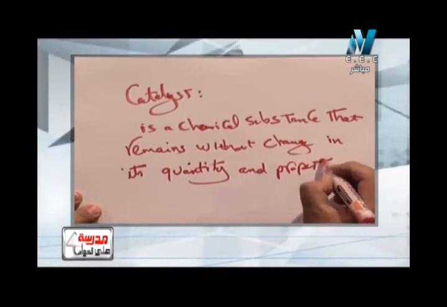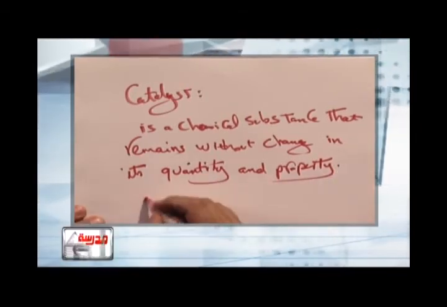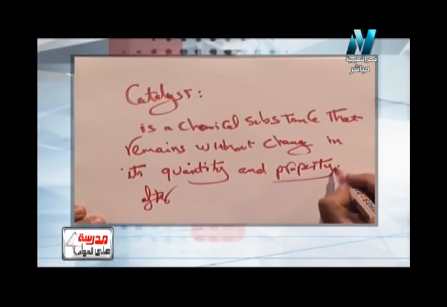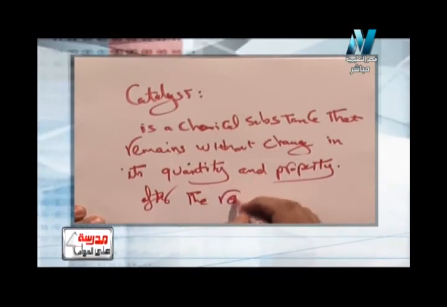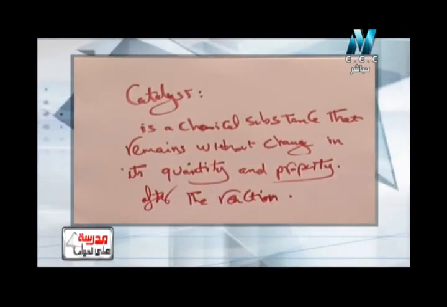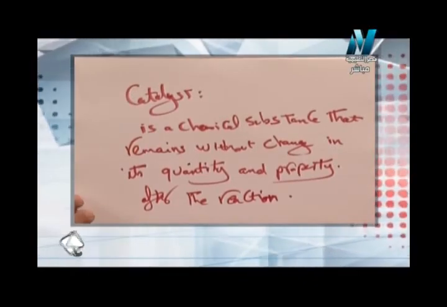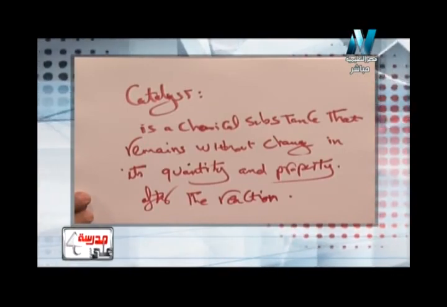So if it is a powder it will stay a powder, if it is black it will stay black after the reaction. So again, what's meant by catalyst? Catalyst again is a chemical substance that remained without a change in its quantity and property after the reaction.